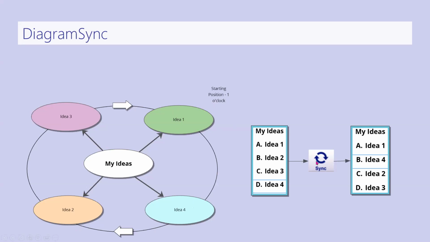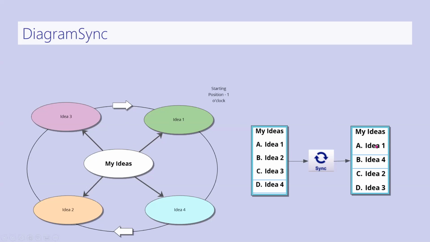So when they click the sync button, Inspiration will look at that component of the diagram. It will see that it's in a web format, and it will say, right, okay, going from my default sorting by the order of linking, because this student has rearranged their diagram in a web format, it's going in a clockwise format, and the 1 o'clock position is the starting position.